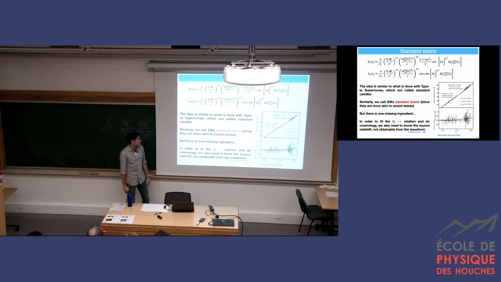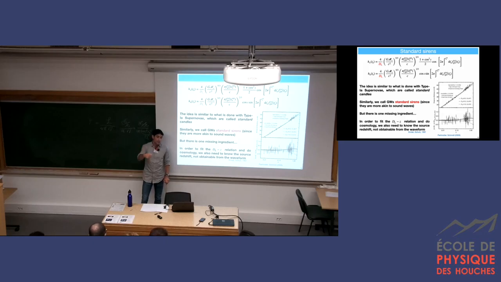This is something that we cannot really obtain from the waveform itself, because the redshift is degenerate with the mass. If I look at a single event, from the parameter estimation of that signal I cannot extract the redshift. When you look at a catalog paper of GW events, sometimes you will see properties of the sources, for example the masses, expressed in the source frame.